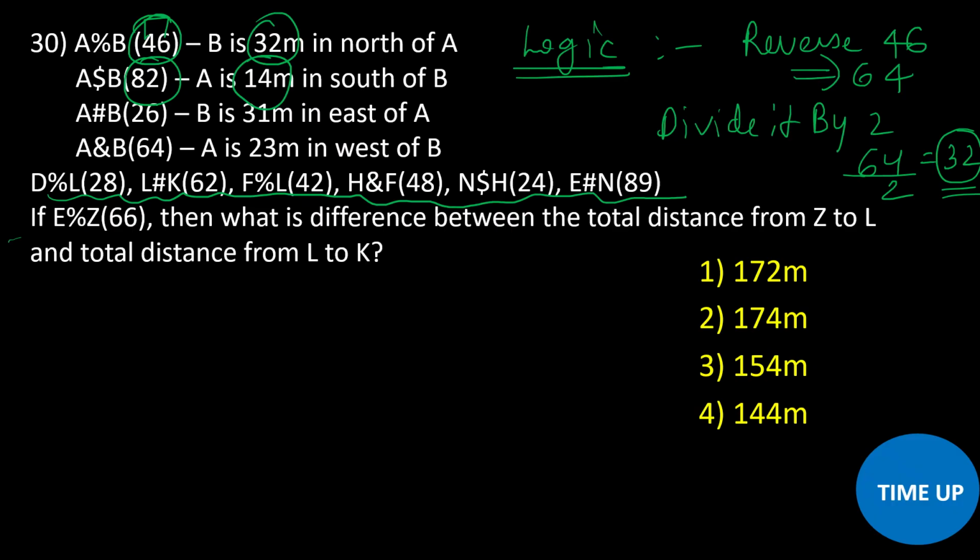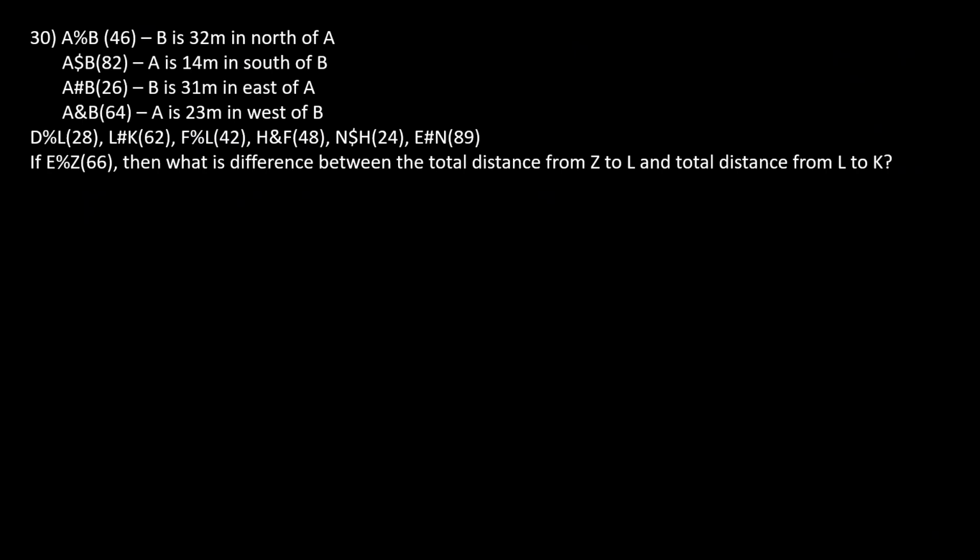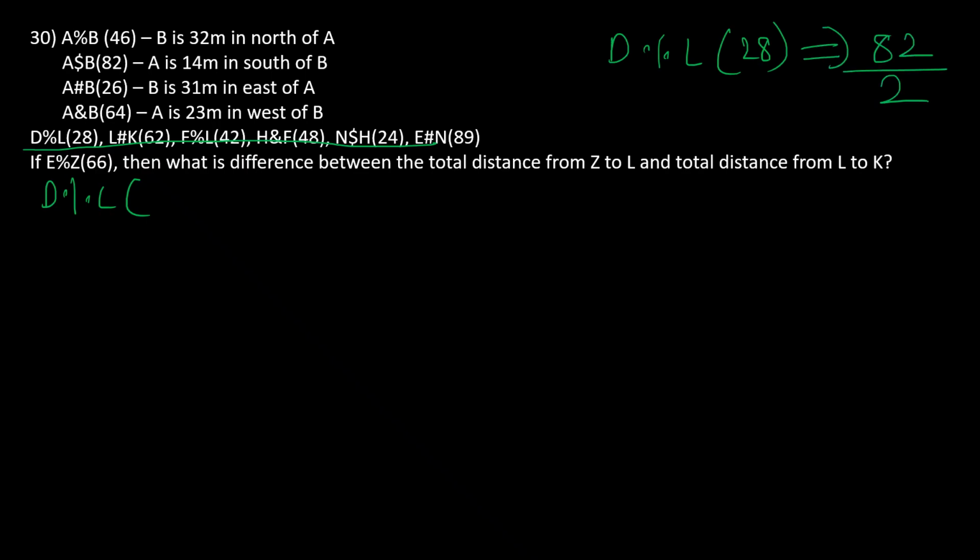Okay? And then you need to solve this question. So after solving this, what did you get? If you solve for D%L, 28 is given, so you need to reverse 28 to 82 and then divide by 2. 2 ones are 2, 2 fours are 8, 2 ones are 2, so you'll get 41.